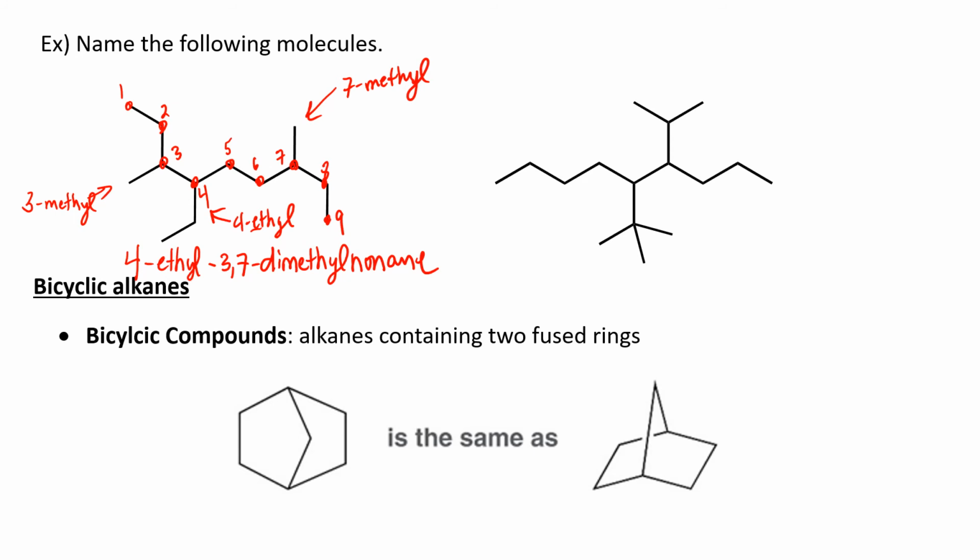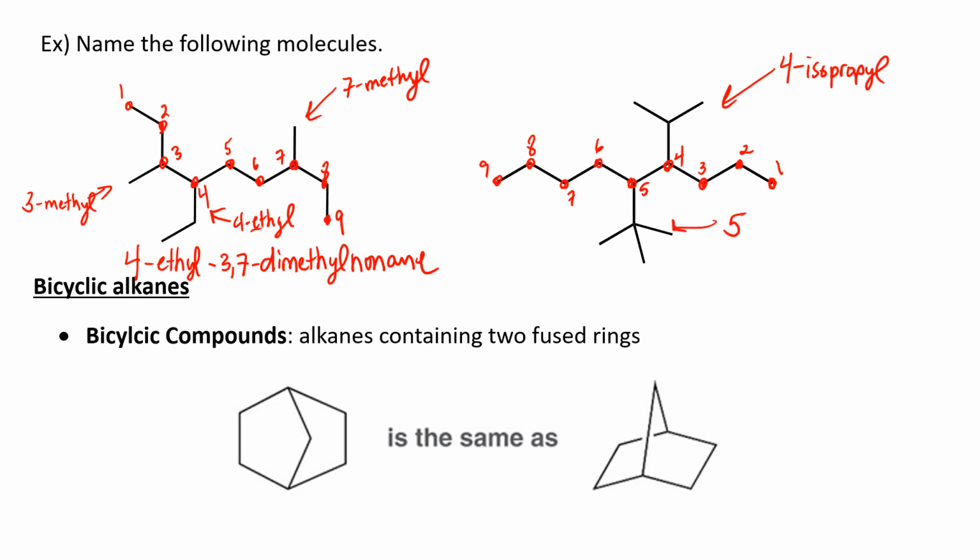Let's look at our next one. Pretty clear that we have a carbon chain with 1, 2, 3, 4, 6, 7, 8, 9. I probably want to start numbering it here from the right because that puts my first substituent on a 4. So 9 carbons in my longest chain. That's a 4-isopropyl.